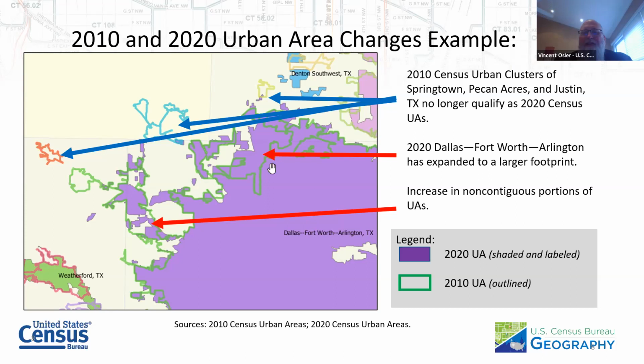But also you can see that in some cases, urban areas that were connected are now separated for 2020.